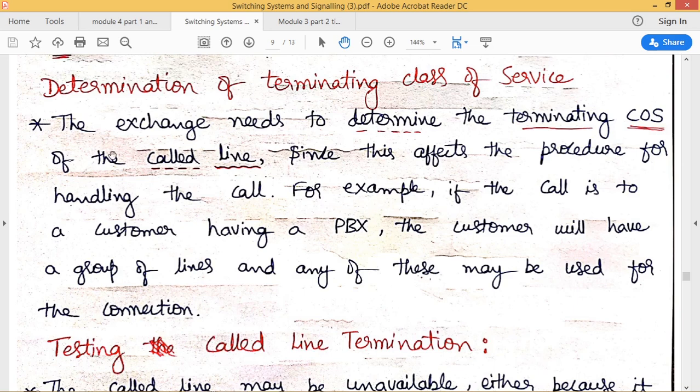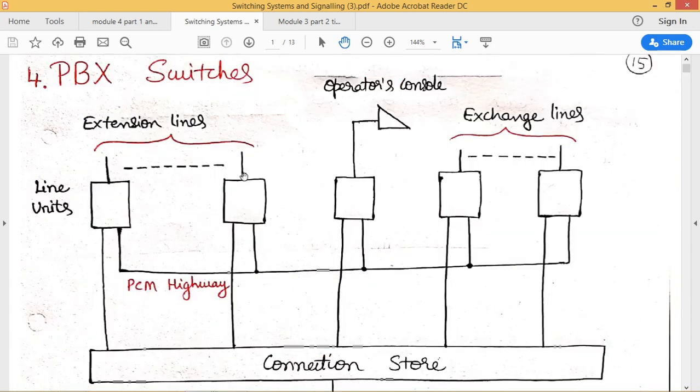The called person is inside this private branch exchange, so the customer will have a group of lines, and through any one of these exchange lines the call can be placed for the called customer.